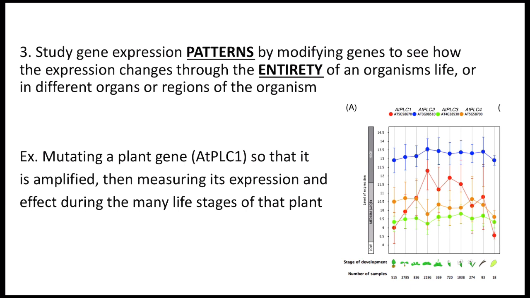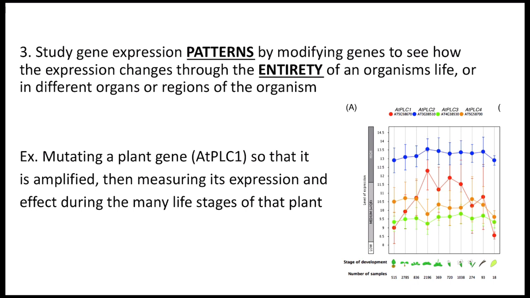So for example, mutating a plant gene, ATPLC1, so that it is amplified and then measuring its expression and effect during the many life stages of the plant. So making a plant gene so that it's amplified, meaning that there's more of it, it's more prominent, and then measuring its expression effects during many stages of that plant's life cycle.